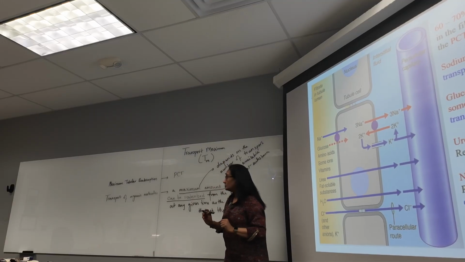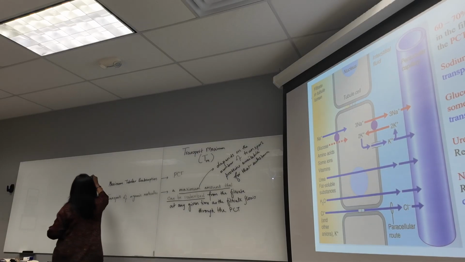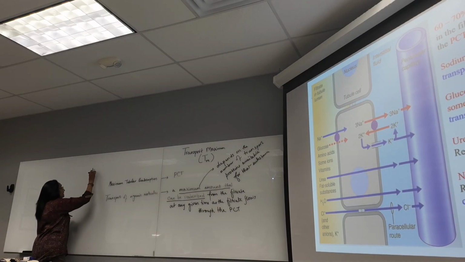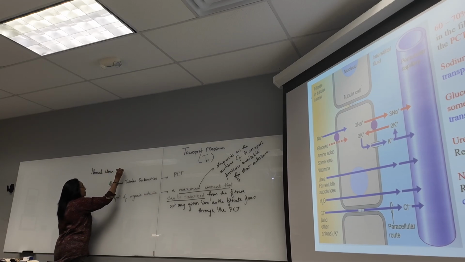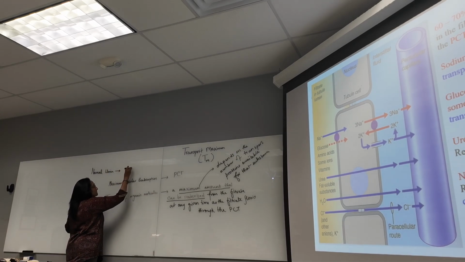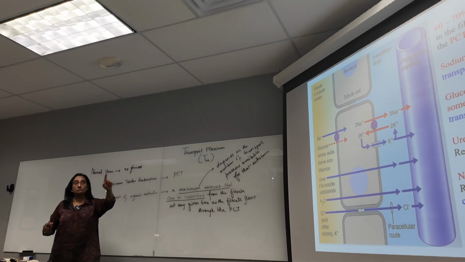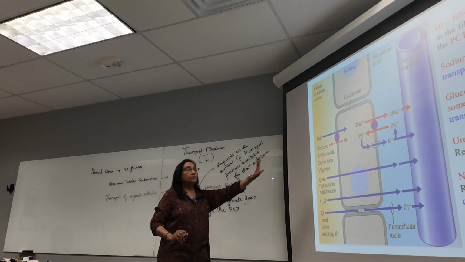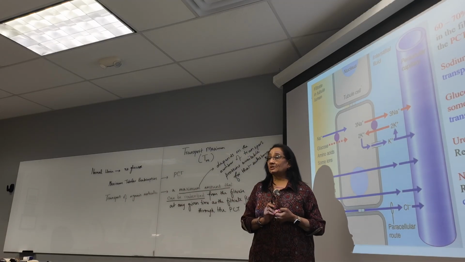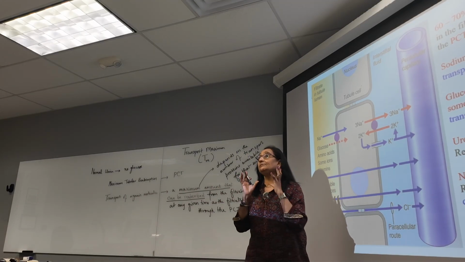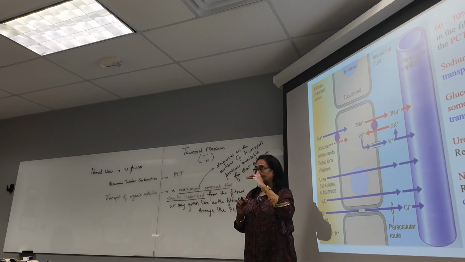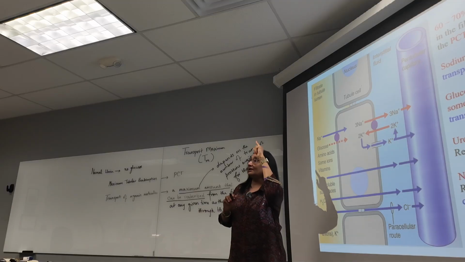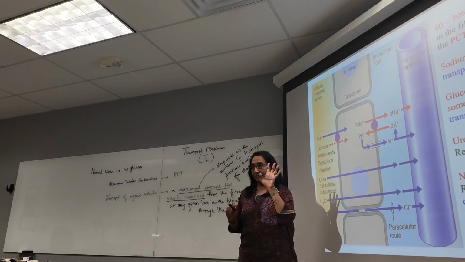But then we also know, another thing that you already know now is normal urine does not have any glucose. No glucose is found in urine. And we said that 100% of glucose gets reabsorbed in the proximal convoluted tubule. So that means in a healthy person, the amount of glucose that is filtered never exceeds the transport maximum.